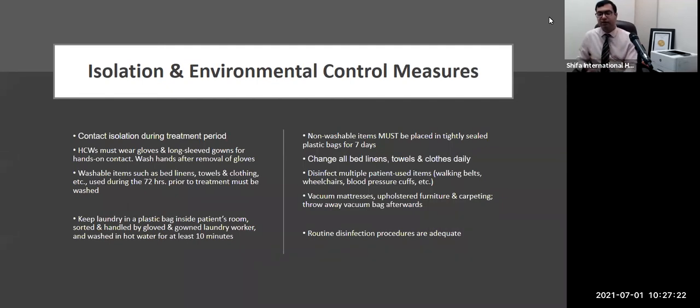For isolation, with regards to the clothes, because it hides in the clothes, cotton and bed linen, you can wash them. If washing is not an option because the items are way too many, you can put them in a tightly sealed plastic bag for 7 days, and change all the bed linen, towels and clothes daily.